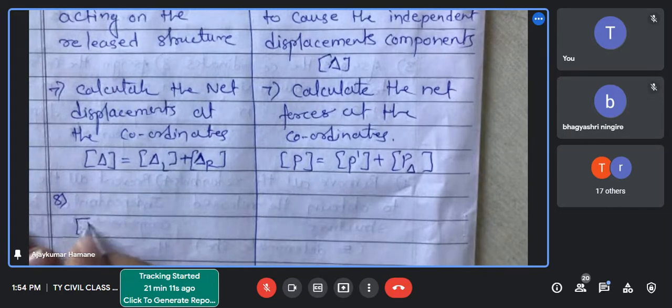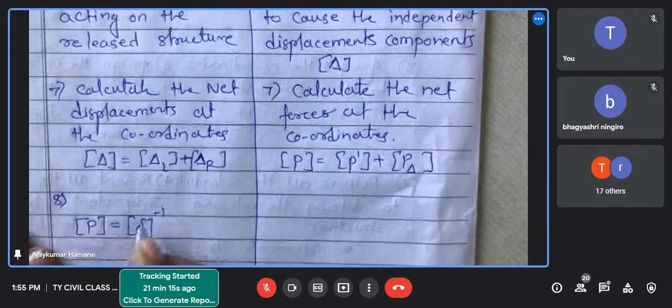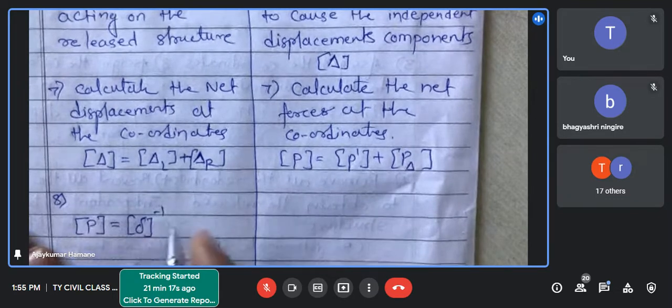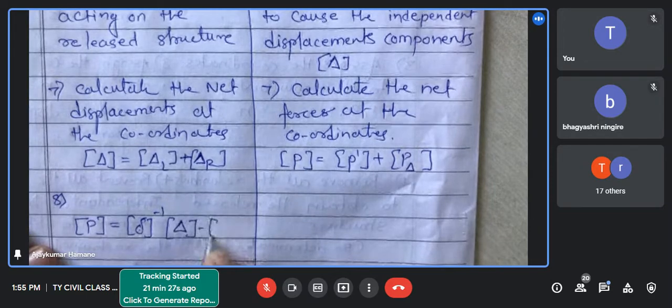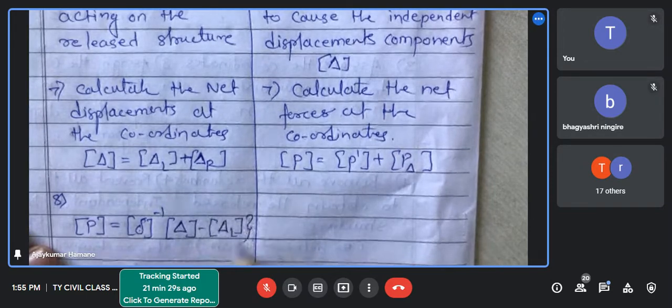P equals the inverse of the displacement, that is the flexibility, times delta minus delta L.